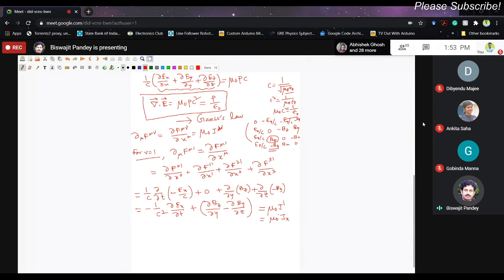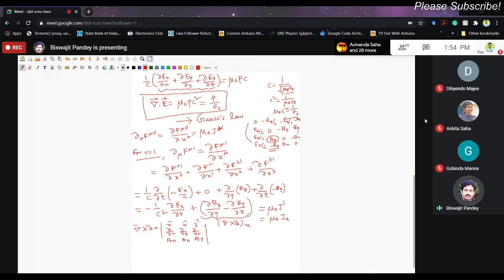So if I write it clearly, you see this quantity is nothing but the x component of curl of B. What is curl of B? Curl of B is the determinant with x cap, y cap, z cap, del x, del y, del z, and then Bx, By, Bz.